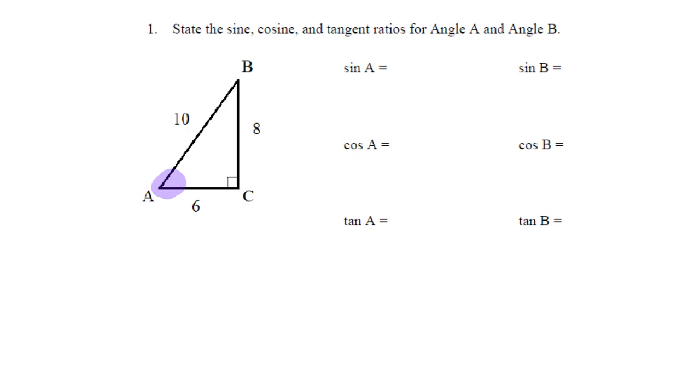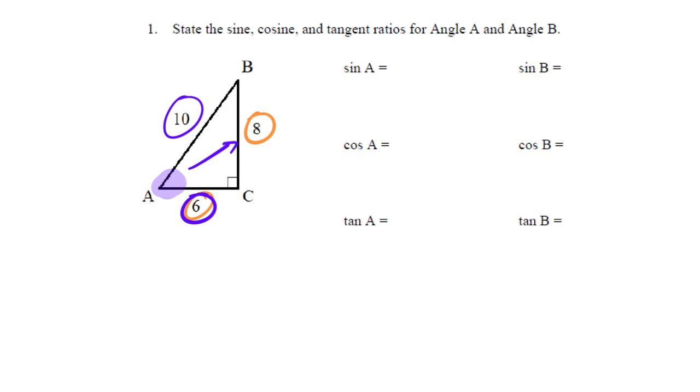Okay, pretty quickly, let me go through. We should be good. 10 will always be your hypotenuse on that triangle. It's the longest side, the side opposite your right angle. However, the side that is opposite or adjacent can switch. If I'm looking from the perspective of angle A, then 8 is opposite, 6 is adjacent.